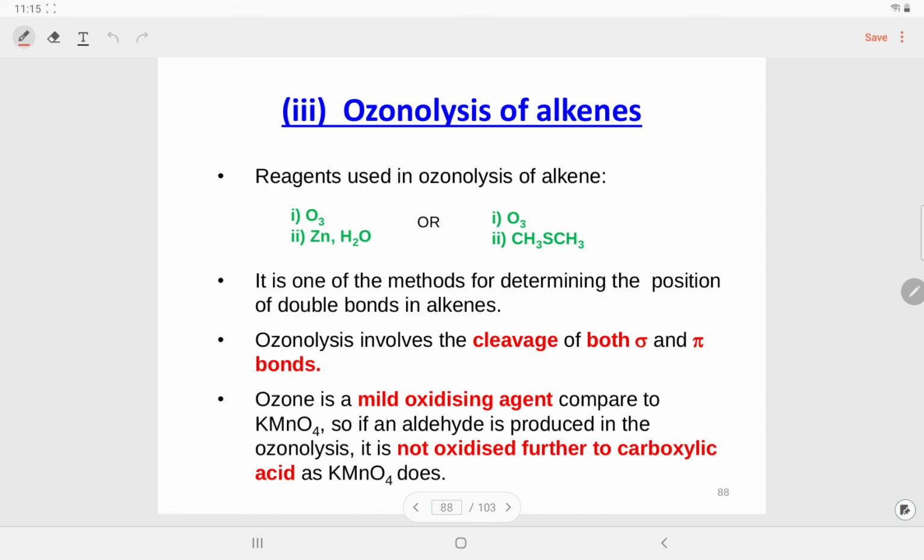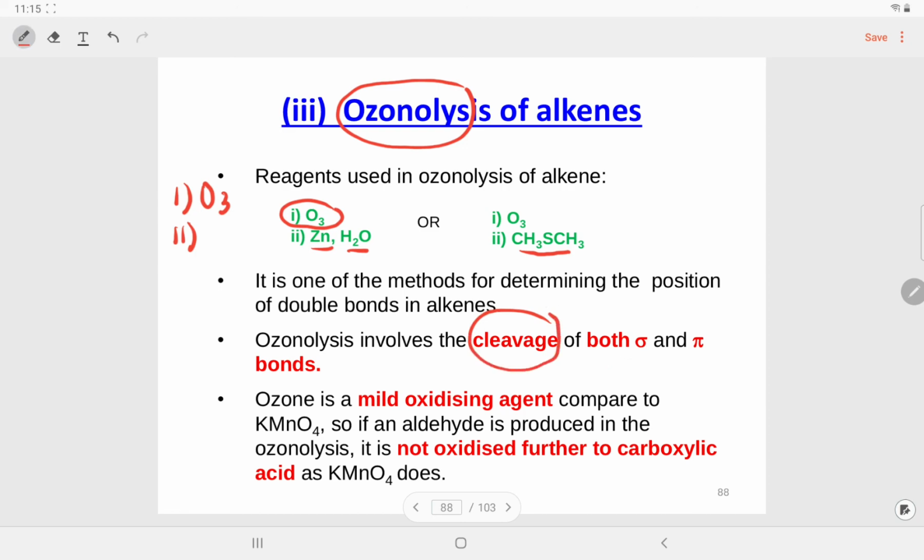Okay, so how about the ozonolysis of alkenes? If the question is given to you, the statement ozonolysis means our reagent must be ozone, but your writing also must be right. Number 1, ozone. Number 2, our condition is either zinc, water, or CH3SCH3. So the process also involves cleavage of a carbon-carbon double bond.